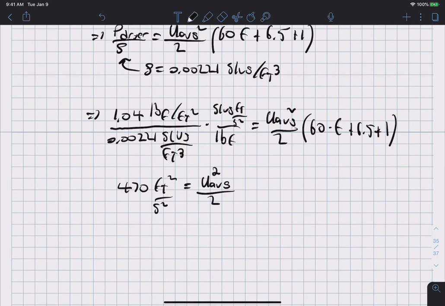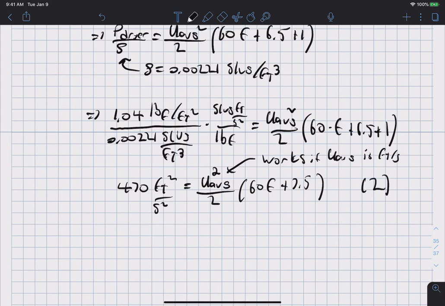U averaged squared divided by 2 times 60 times F plus 7.5. Okay, and so this equation also works in terms of units if U averaged is in feet per second units. Okay, and so this is equation 2.